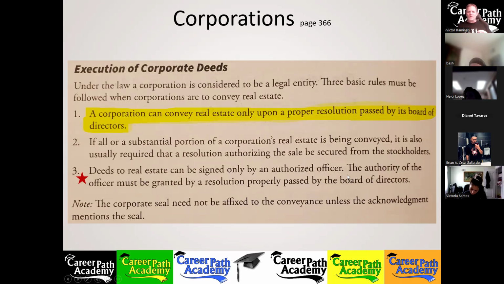So when somebody walks into your office and says, yes, I know you checked the tax records and the property is owned by this LLC or this corporation, that person needs to provide evidence to us that they're authorized as the officer to sign documents on behalf of that business entity.